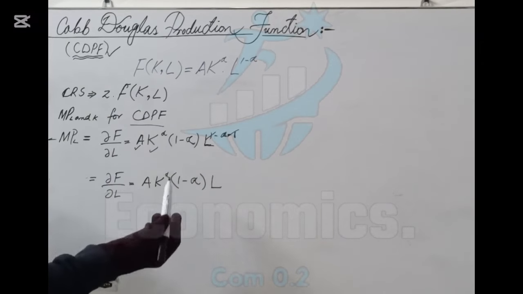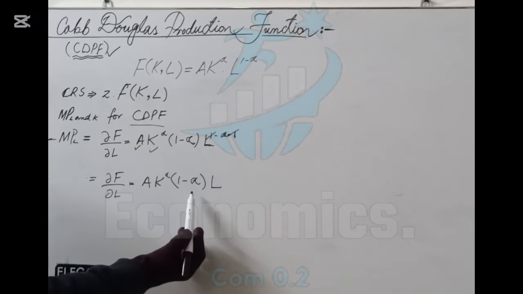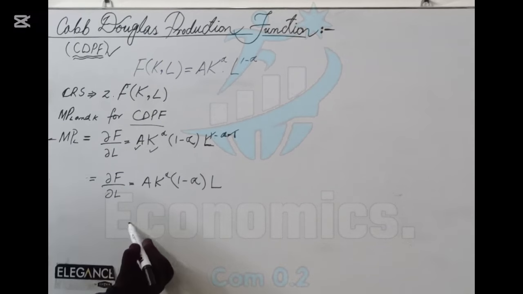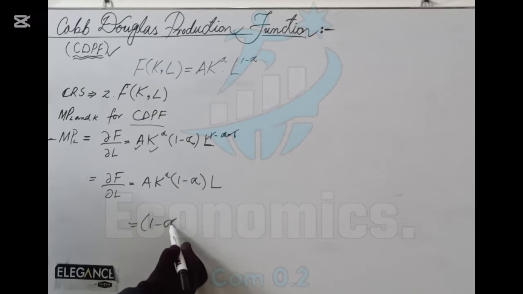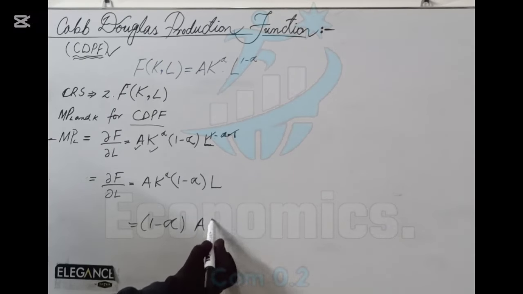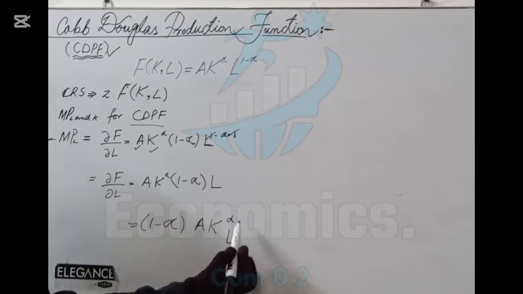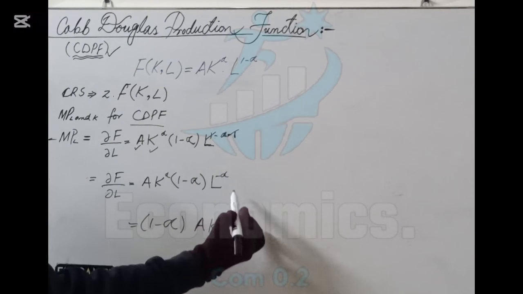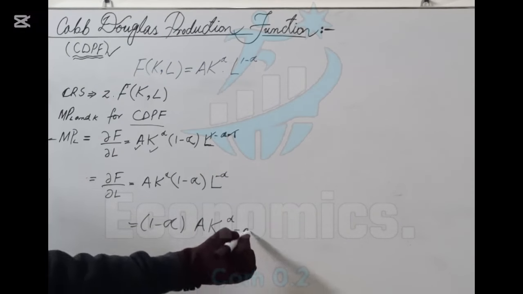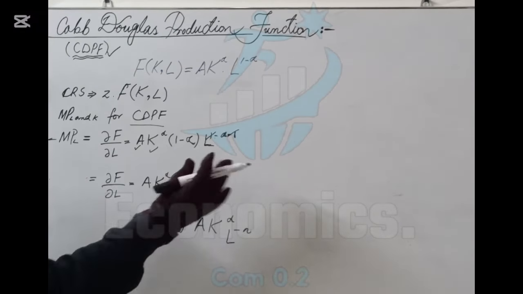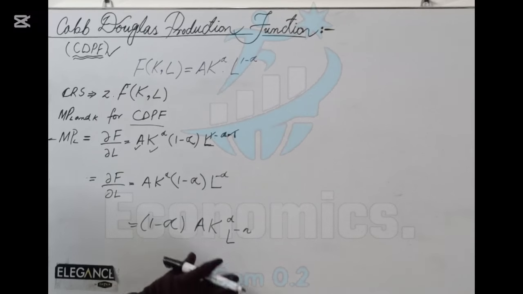This reduces to 1 minus alpha in front, times A, K raised to the power alpha, L raised to the power minus alpha. I think this is the way you have seen it in all textbooks.